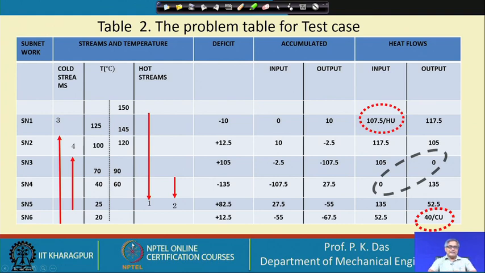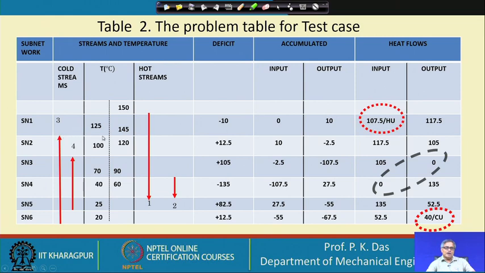Now, then at least 4 strategic temperatures are fixed in this particular problem. Other temperatures we will get as some sort of a guess value without violating the problem statement. Let us say 125 is the cold stream temperature.